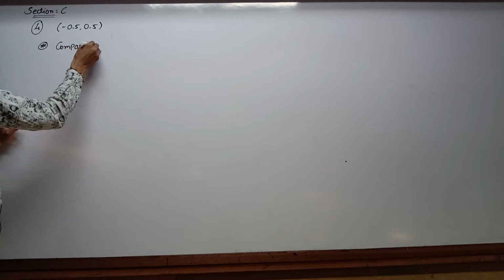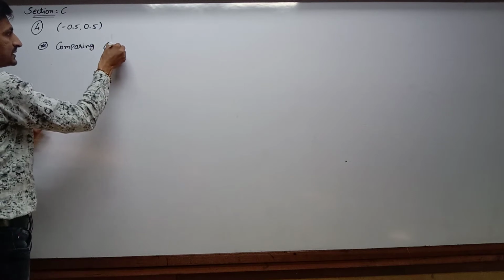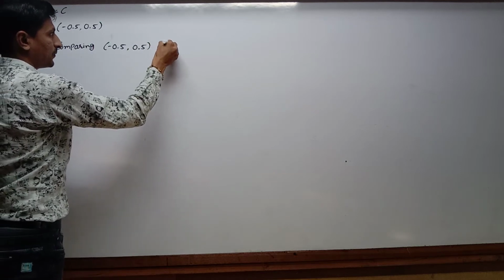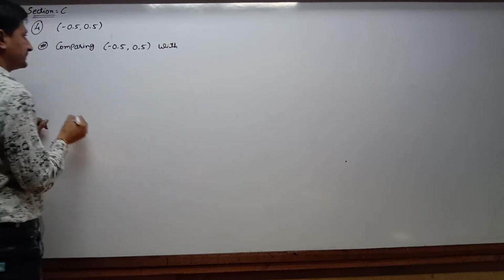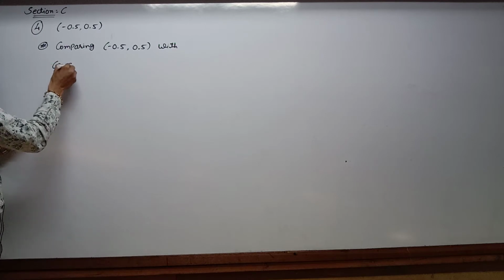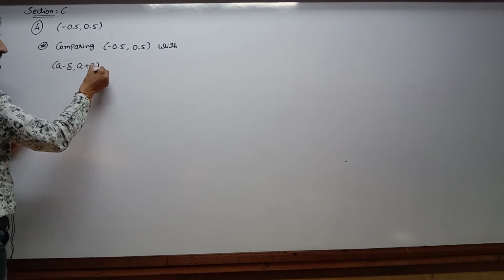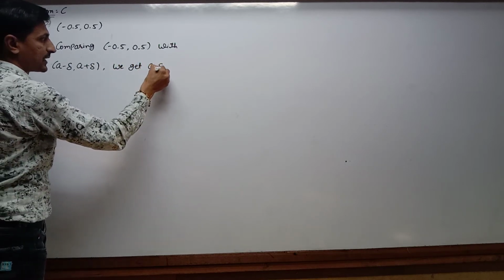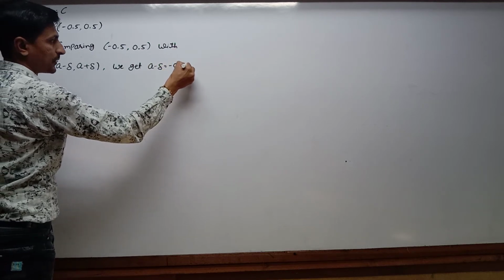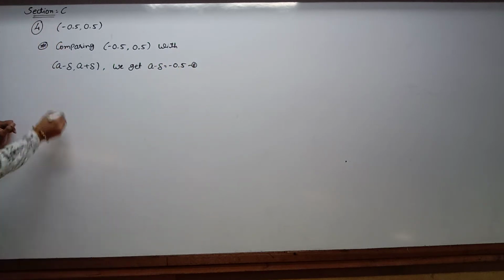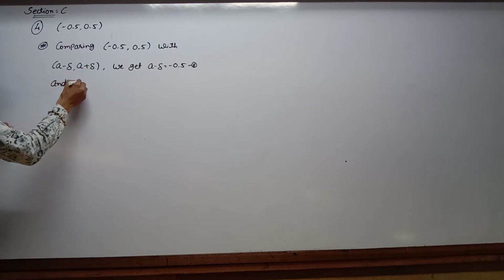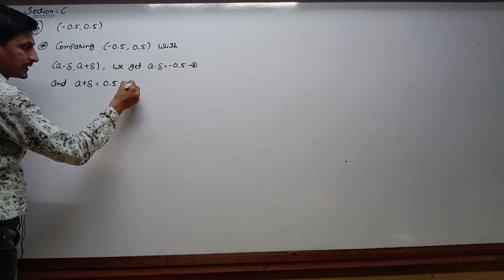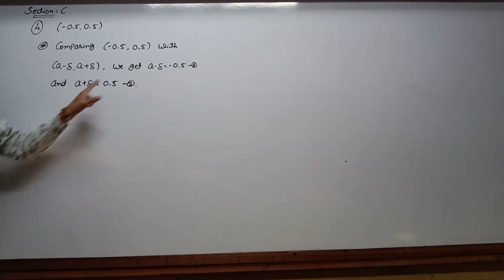Comparing in bracket minus 0.5 to 0.5 with interval form a minus delta comma a plus delta, we get a minus delta is equal to minus 0.5, equation 1, and a plus delta is equal to 0.5, equation 2. Both equations are found.